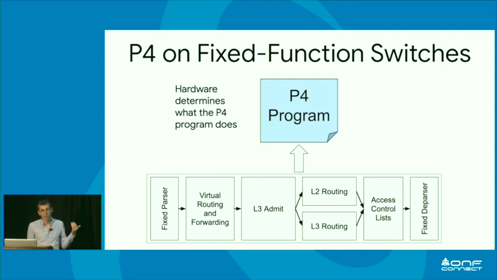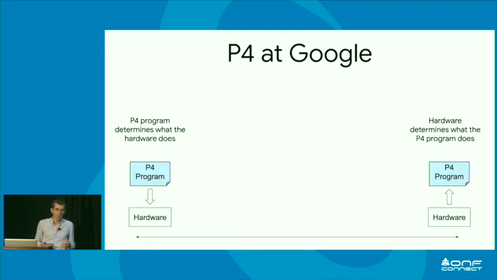So you model the hardware in P4, and basically the hardware determines exactly what the P4 program is going to look like. And if you think about it, these are really two ends of the spectrum, where on one side you have the P4 program fully determining what the hardware does, and on the other side you have the hardware determining what your P4 program can look like.